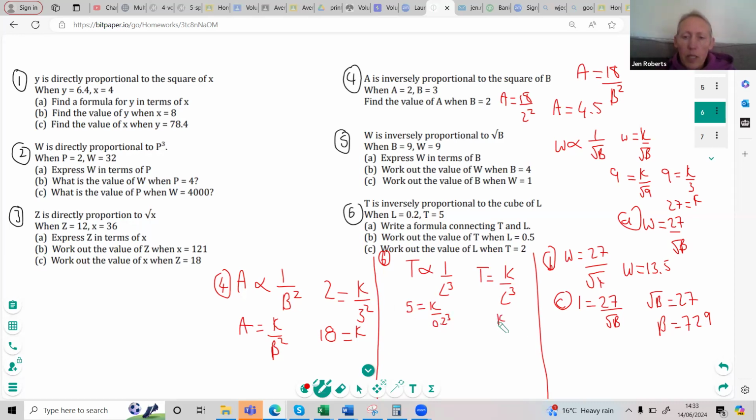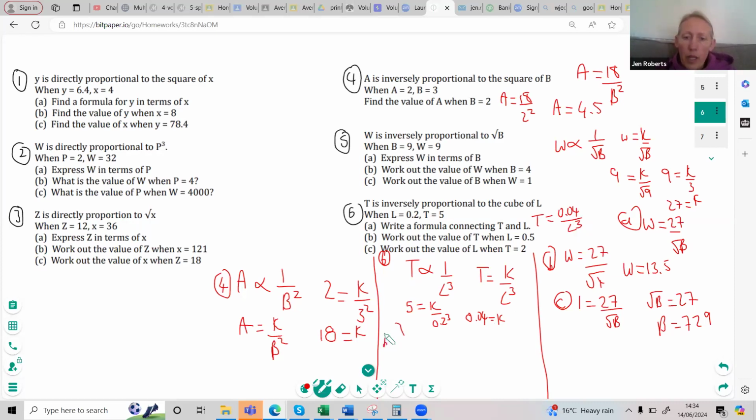So to get k, we need to do 5 times 0.2 cubed. Don't forget to cube your 0.2 before you times it by your 5, which gives us k is 0.04. So our formula is T equals 0.04 over L cubed.